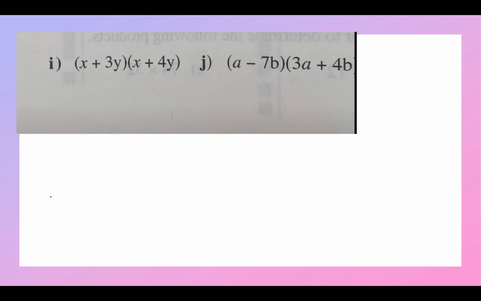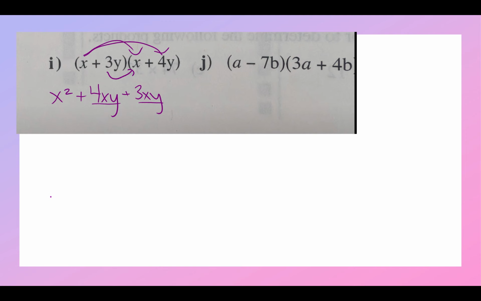Now, the second last one is still more of the same thing. Now we just have 2 variables, but you're still following first, outside, inside, last. So x times x gives you x squared, x times 4y, this looks messy, but it's just 4xy. Plus, moving on to inside, 3y times x is going to be 3xy. And when you're multiplying, order doesn't matter.